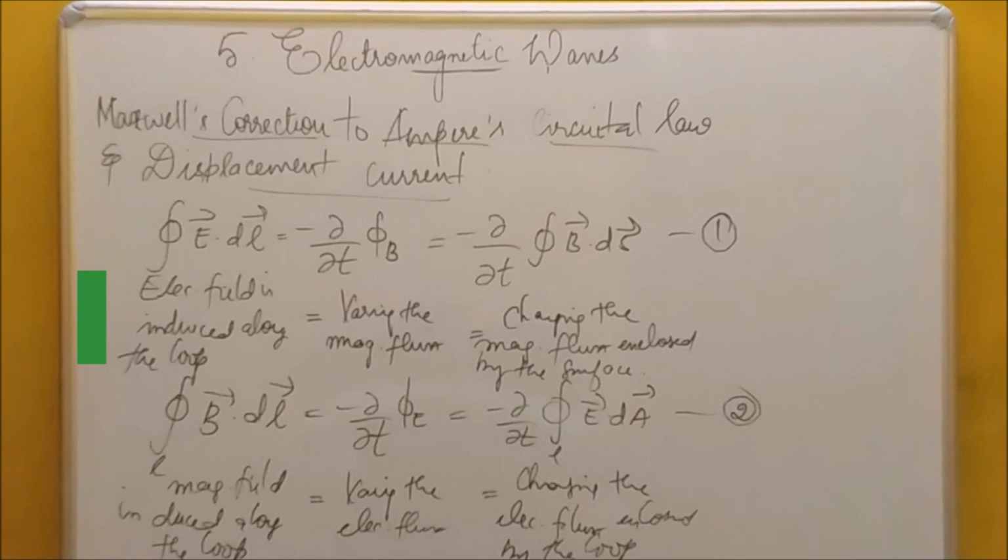That is equal to ∂/∂t of the integral of B vector dot dS vector, which is nothing but the changing magnetic flux enclosed by the surface. So whenever we change the magnetic flux, an electric field is induced. This is equation number 1, right?